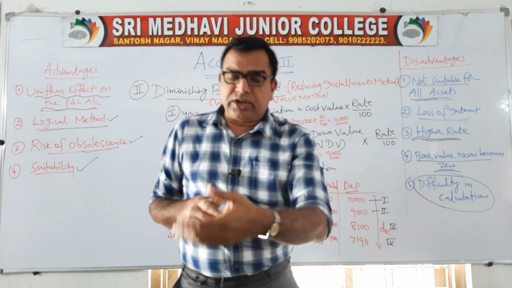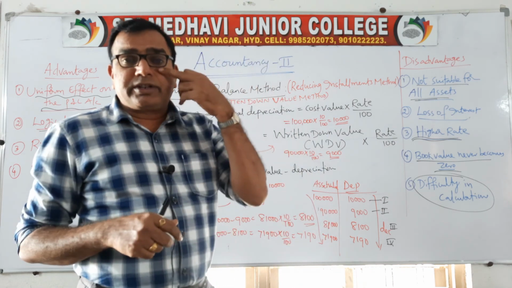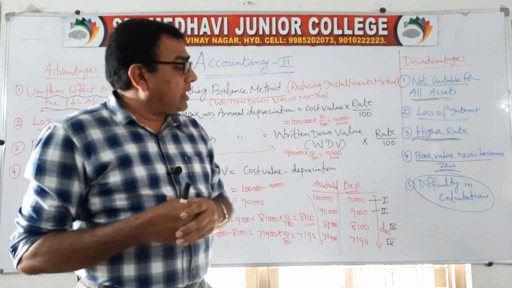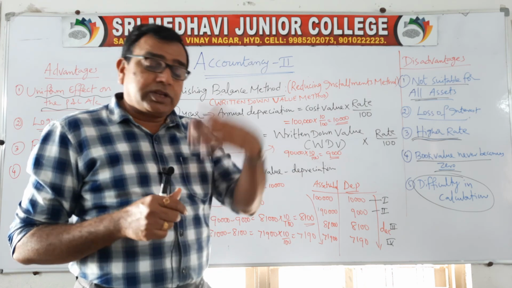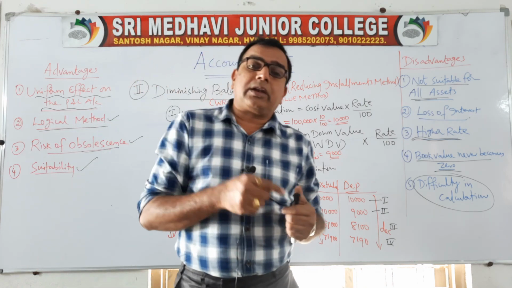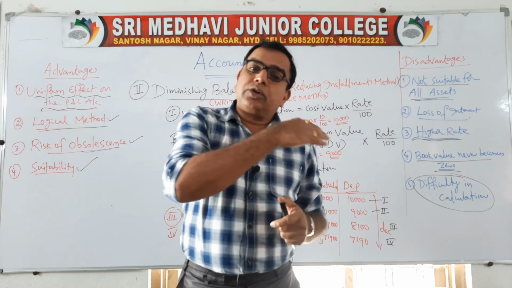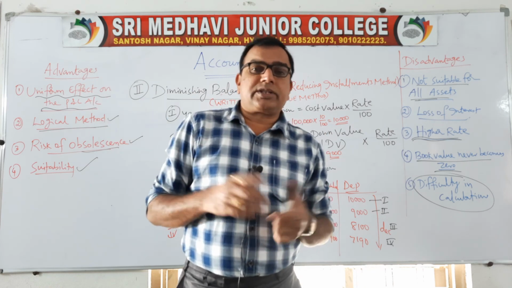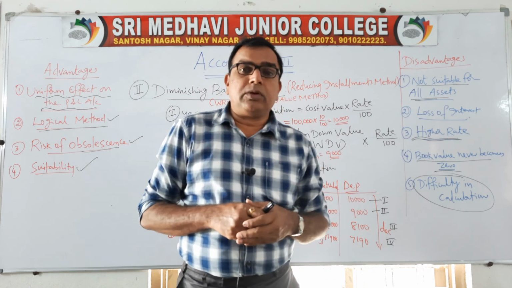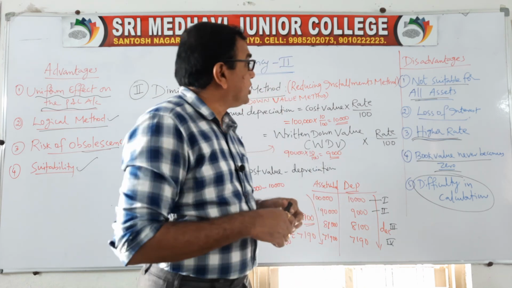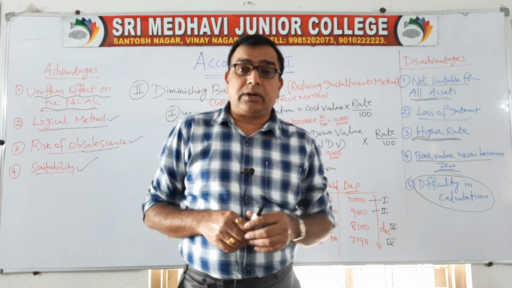You might already have seen this in problem solving under the diminishing balance method. So the calculation part is very difficult. Under the straight line method, once you calculate the annual depreciation, you can post the same amount in all the years. But here it is not possible. So that is the fifth disadvantage of the diminishing balance method. Clear?